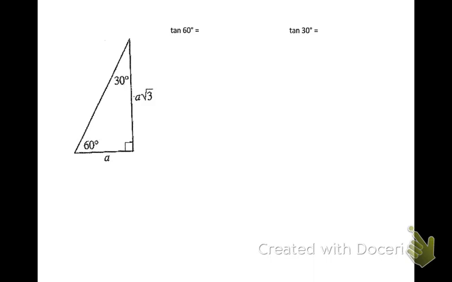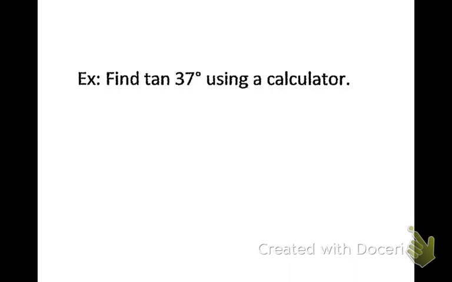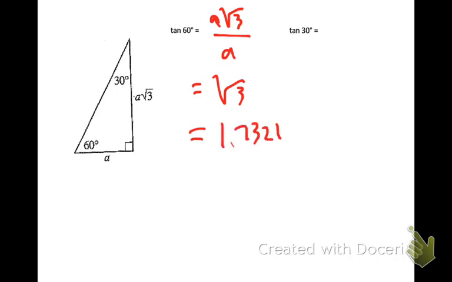A is the adjacent, so it's A radical 3 over A. And that equals radical 3, which is equal to 1.7321. Now, we're going to take these trig values out to 4 decimal places. Okay, we'll take them out to 4 decimal places.